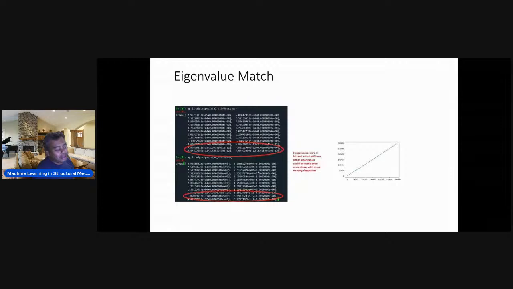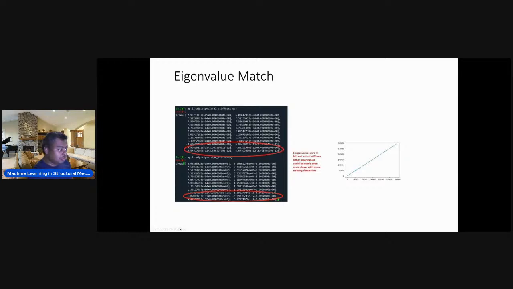In the training algorithm there are some aspects to it, but in the prediction case, you don't find the eigenvalues. You just predict the stiffness matrix, and from that machine learned stiffness matrix, you directly get the six eigenvalues to be zero, which is very similar to the actual stiffness matrix.